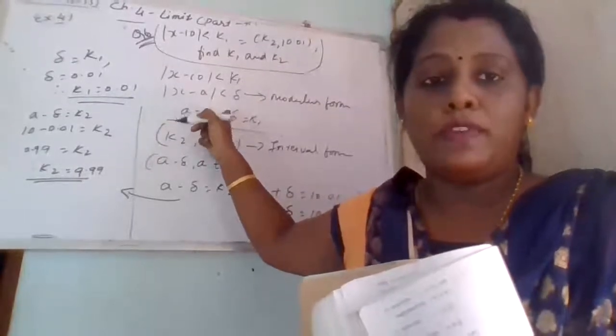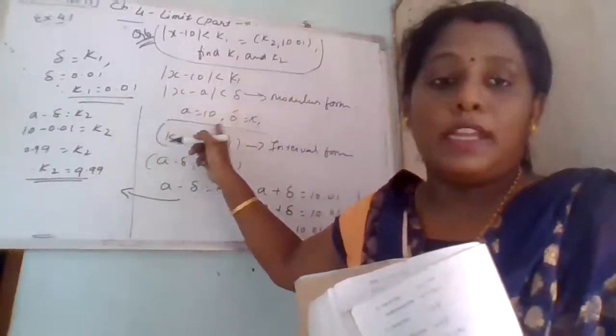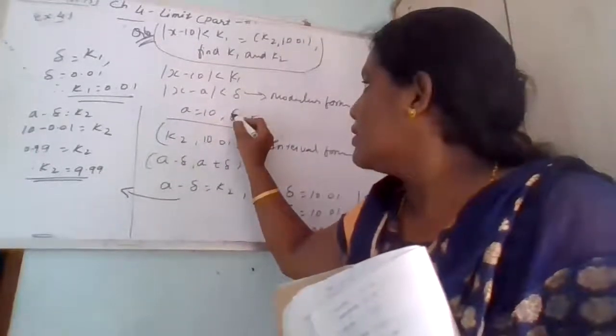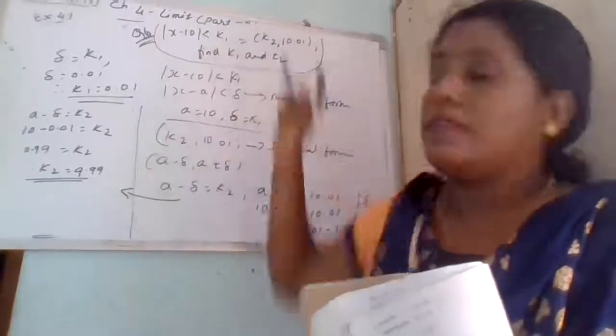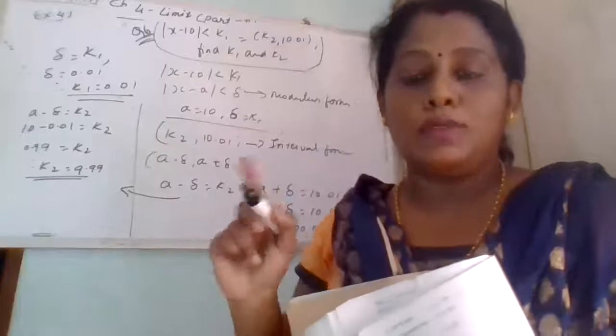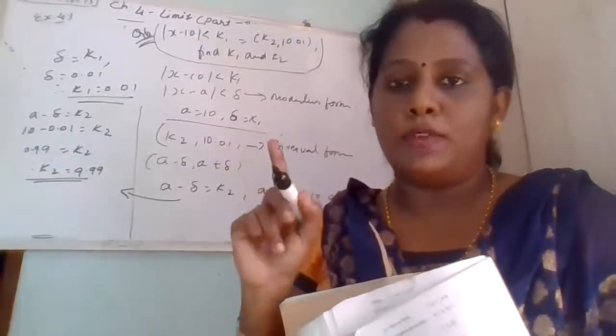So from this, what we got, value of a and value of delta. That is a equal to 10 and delta equal to k1, right? Now, next thing we have taken, that is k2 in bracket and 10.01 is given.